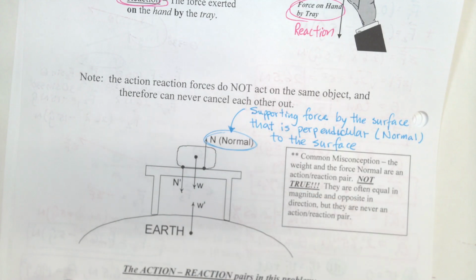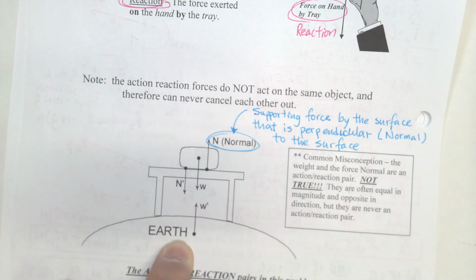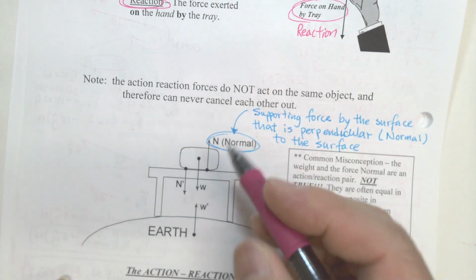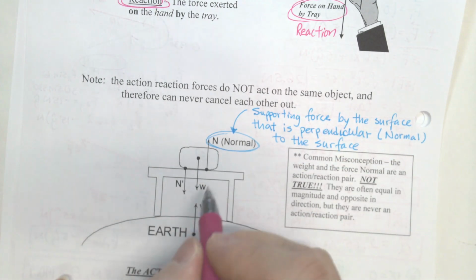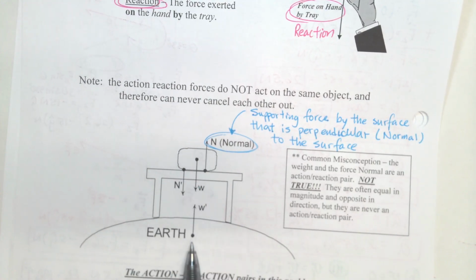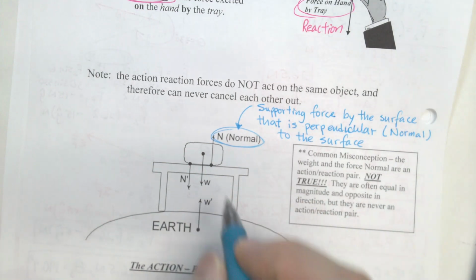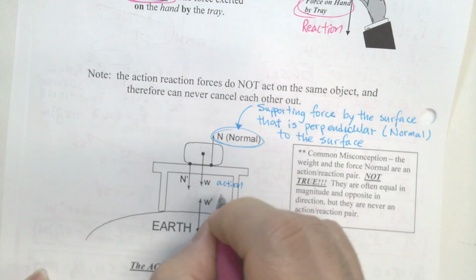All objects near the surface of the Earth will be affected by the gravitational pull of the Earth. So this weight force is caused by Earth pulling on the object. That's weight. So this will be the action force, let's say. The reaction force is the object pulling on the Earth with the exact same amount of force. So this is the action, and this is the reaction.